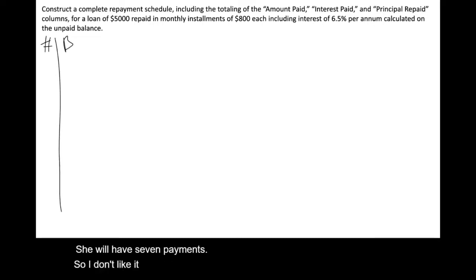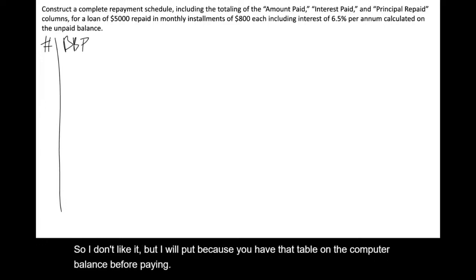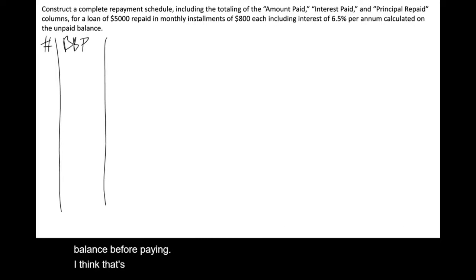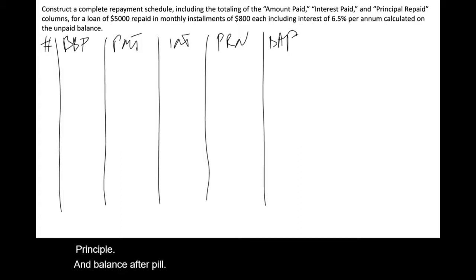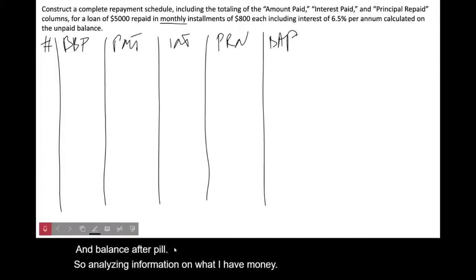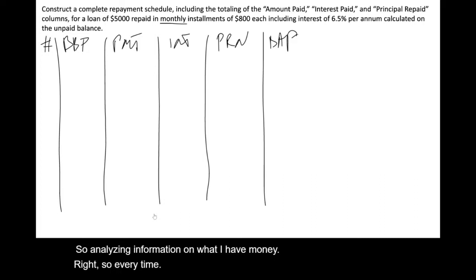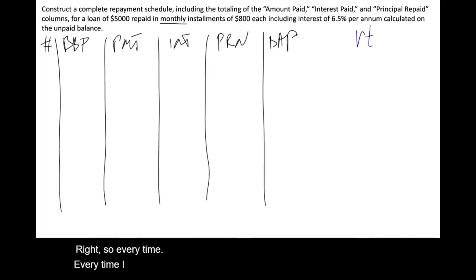I don't like it, but I will put it, because you have that table on the computer: balance before payment. I think that's not really useful information. Payment, interest, principal, and balance after payment. Analyzing the information, what I have is monthly, so every time I will have RT.